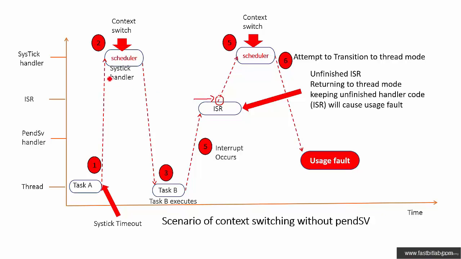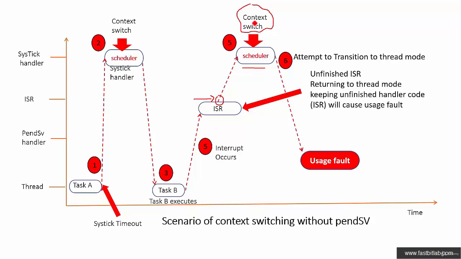Here, the SysTick timeout happens. Now again the scheduler runs. When the scheduler runs, according to your design, you do all the context switch here itself. That means you retrieve the context of the next task and you make that task schedule onto the processor.